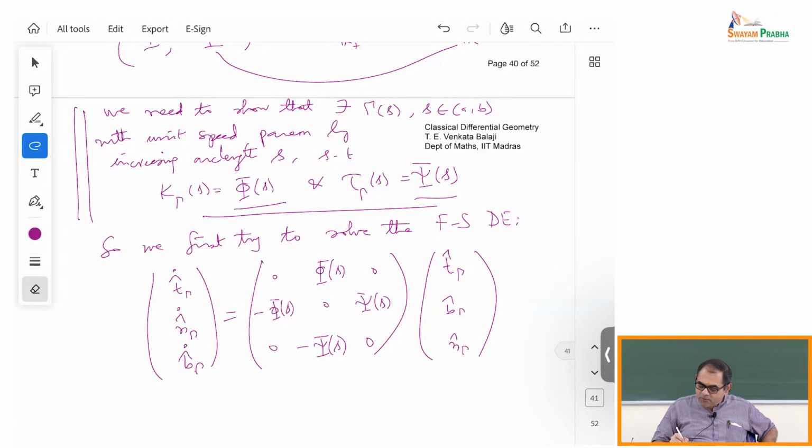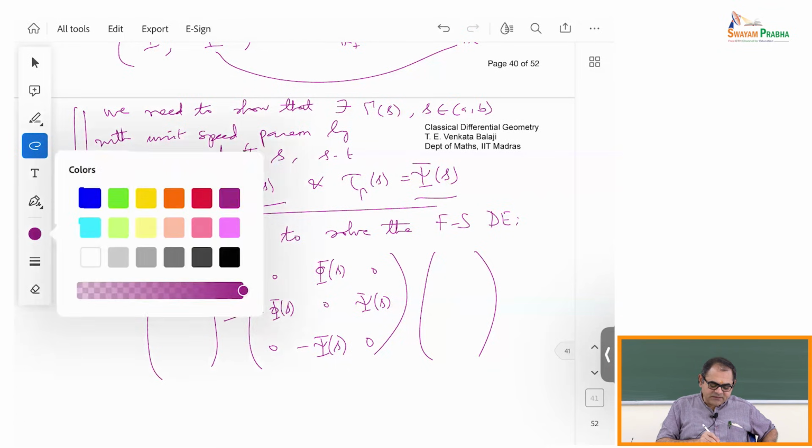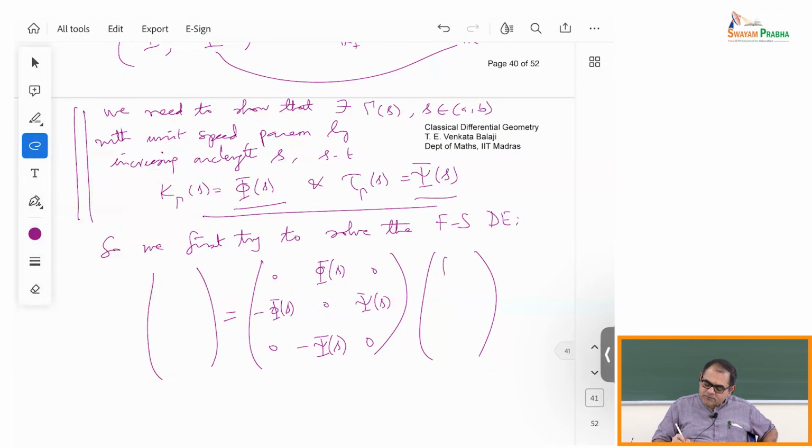I will only get a solution to the differential equation. So I rub out all this and simply write: I have to solve the differential equation, and I will get some f of s, g of s, h of s, and then here it will be f dot of s, g dot of s, and h dot of s. You have to first solve this differential equation.